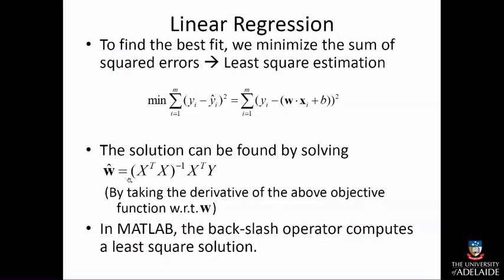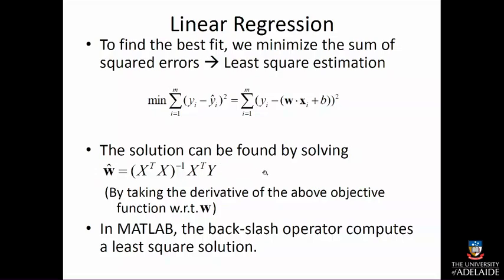It has a closed form solution. It's very easy to get this solution. All you need to do is take the partial, if we call this f, partial f over partial w, and set it to be 0. Then you will arrive at something like this.